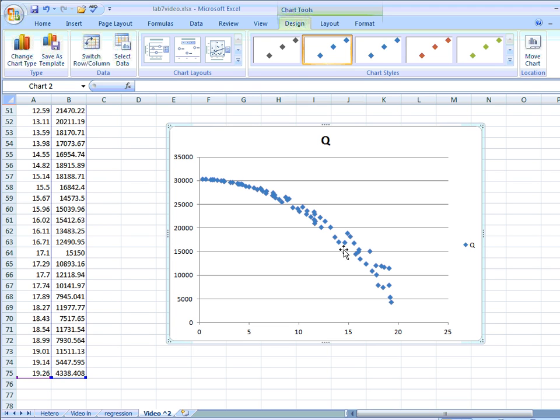Notice this looks like a mountain. If you've ever seen an inverted x squared graph, this is what it looks like. If you have a U shape, it could be also x squared. This is a case where it looks like there's a relationship with the square.